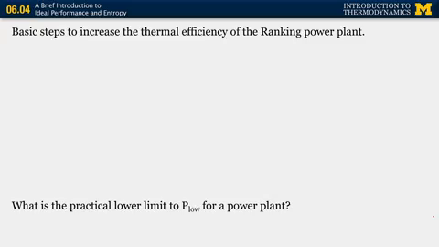Okay, so we have a strategy for how to improve the thermal efficiency of the power plant. We've already said those two key things. We want to increase the operating pressure of the boiler, and we want to decrease the operating pressure of the condenser.